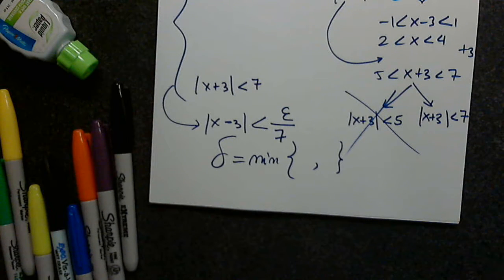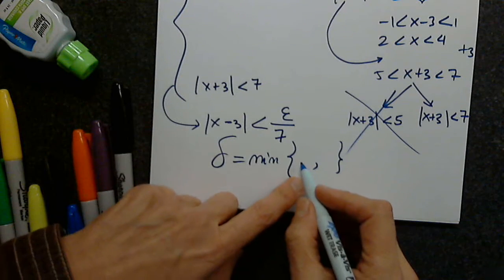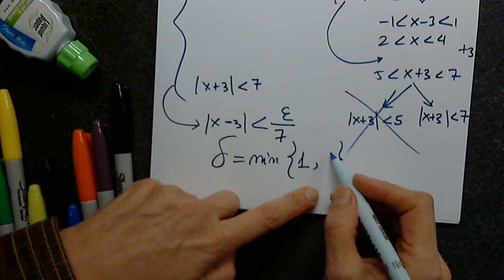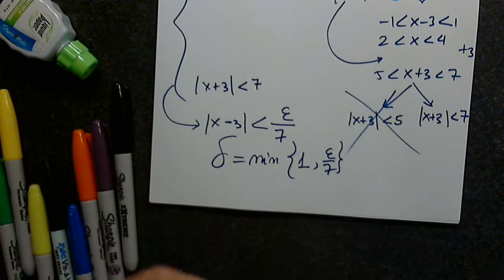The one that I replaced delta by, and the one that I just got, whichever is smaller. Which numbers? Exactly, 1 and epsilon over 7. So you can say it's a little bit convoluted, tiny bit, but don't forget what you want to ask.